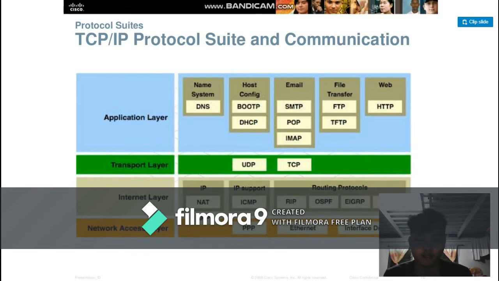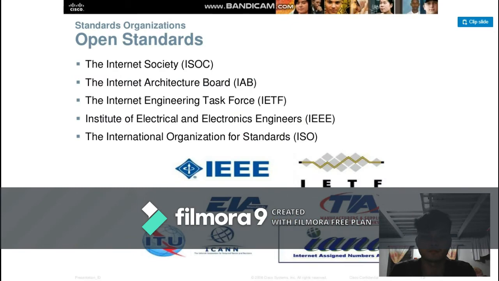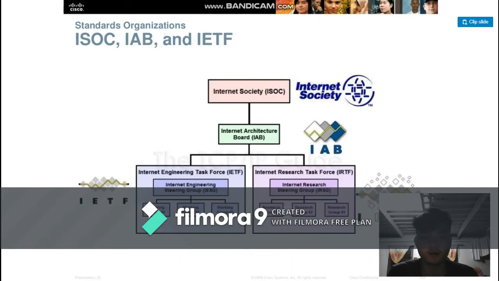For internet, NAT, ICMP, OSPF, EIGRP, BGP, and ARP. For network access, PPP, Ethernet, and interface drivers. For open standards, we have ISOC, IAB, and IETF. So here's the example.